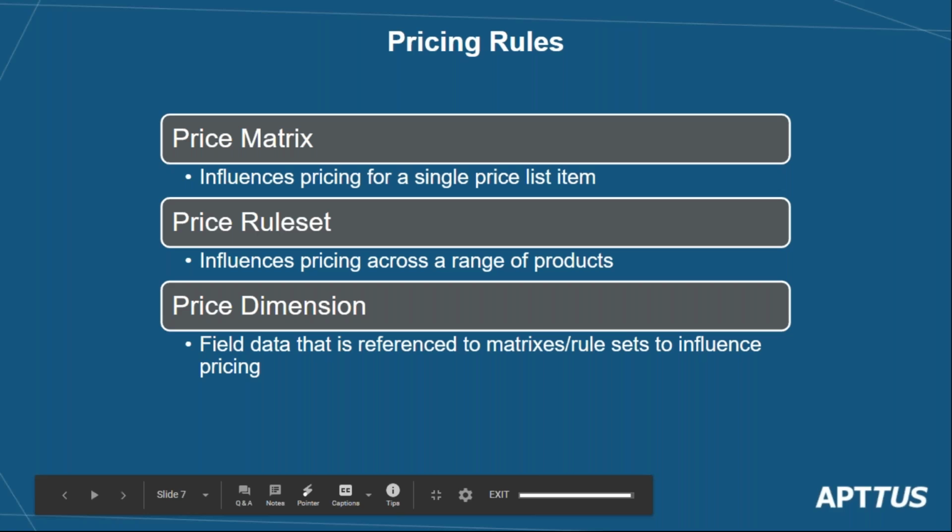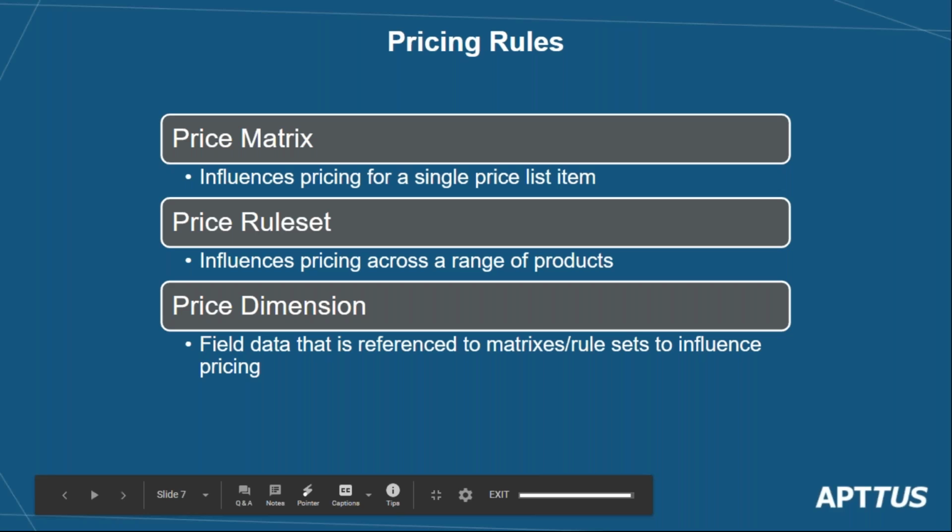Price dimension acts as a variable. Whenever you want to use a variable in a matrix and rule set, then you create a price dimension. So price dimension is, you can say, kind of a field value. It's a container which stores the field values.